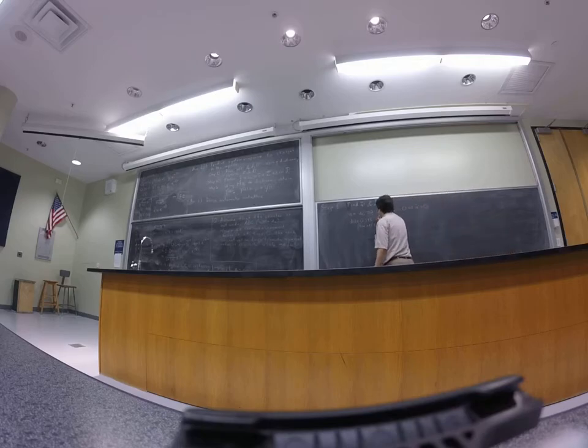And d prime is d minus d naught. So 0.195 minus, if you look at your notes, what was d naught? Nominal value of 0.2, right? Just a reminder. So the first step is to find d1 prime bar.